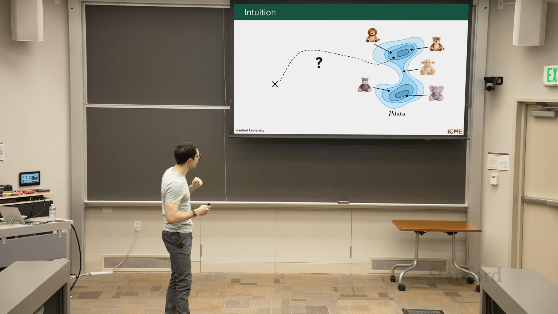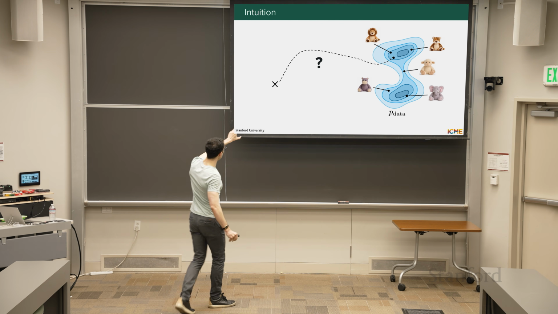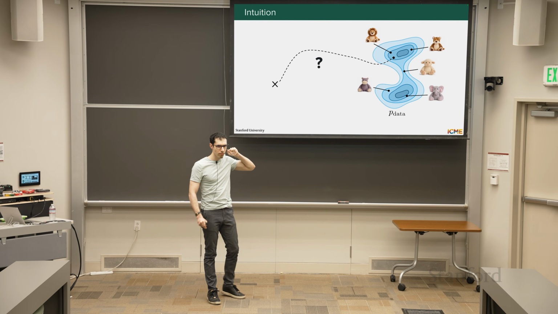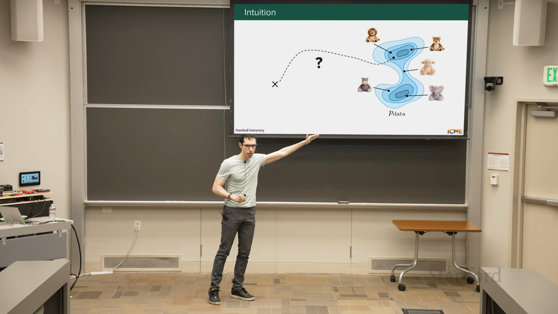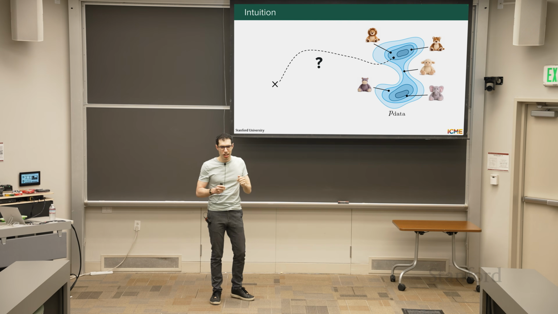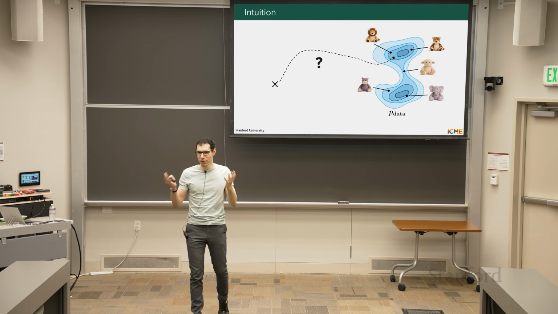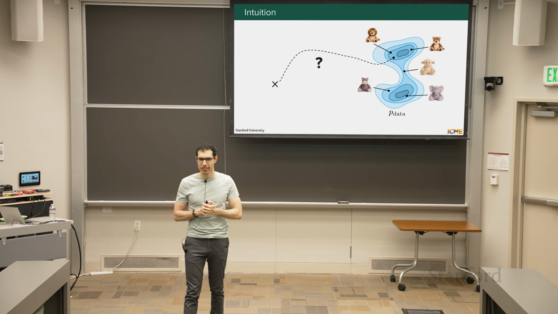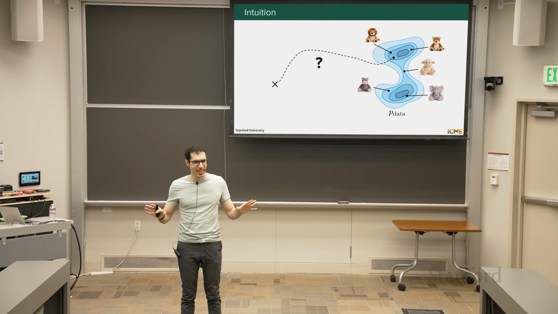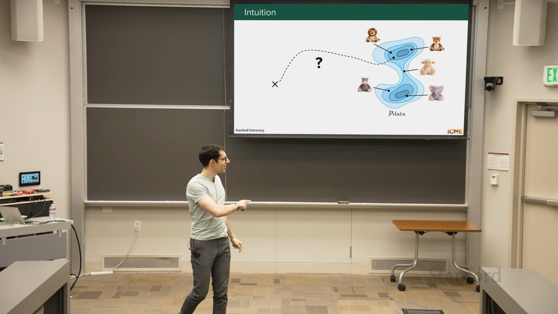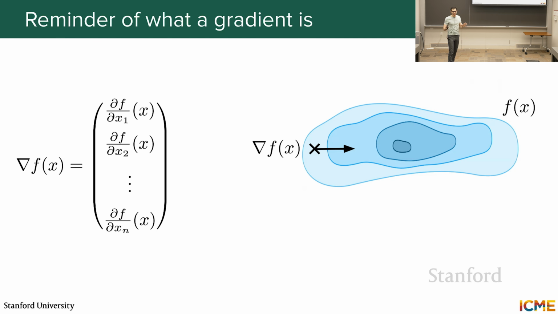Here, darker colors mean higher values of P of x. So if you were over here, what would be a way for you to come closer to regions of higher values of P of x? So the answer is, let's take the gradient.